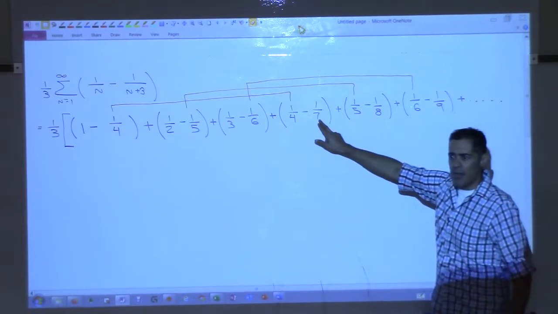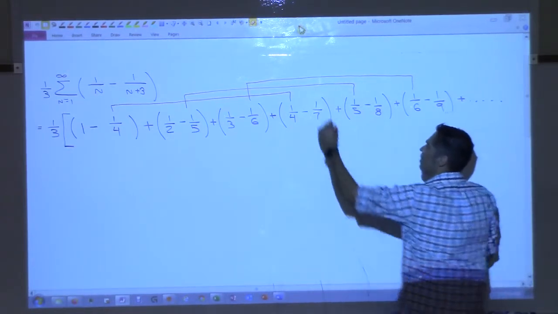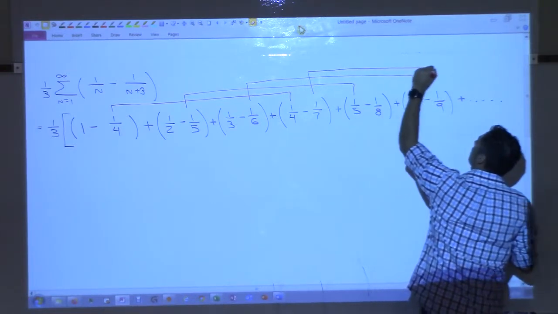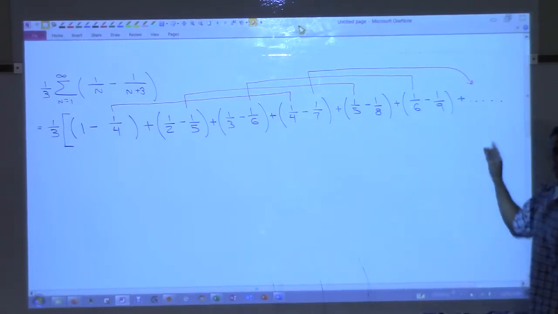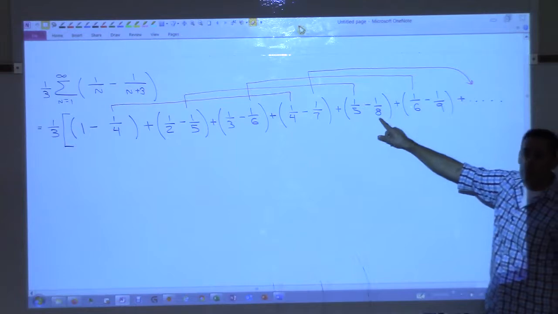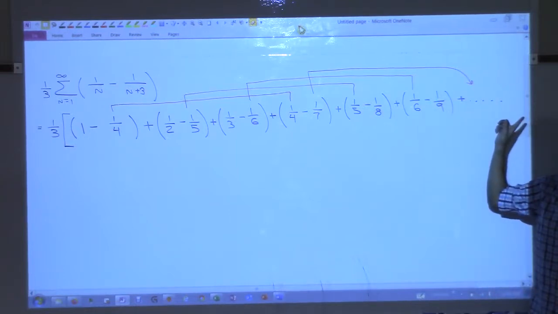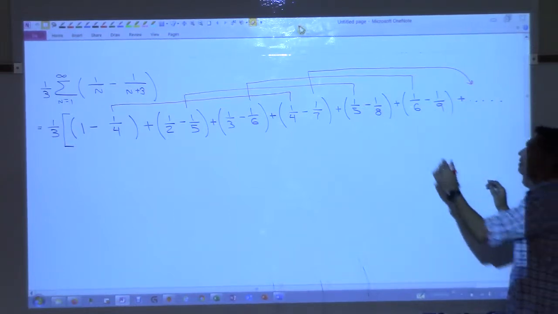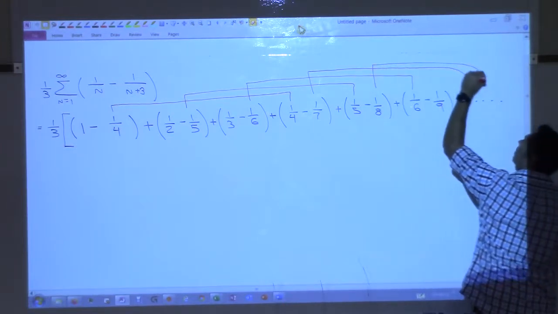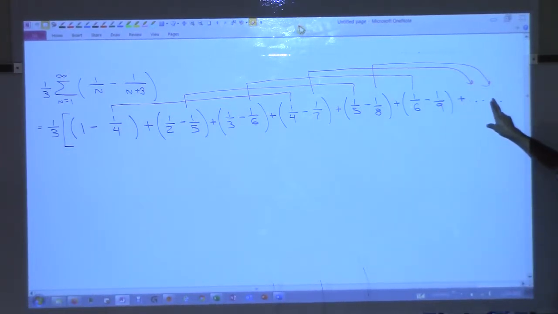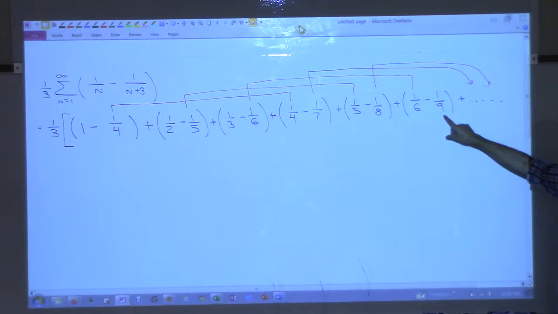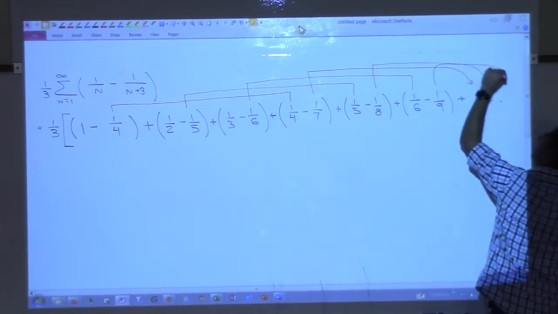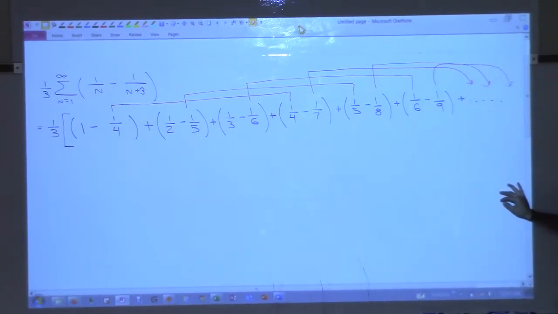Negative 1/7 would get killed off by the next one in the dot dot dot. And the negative 1/8 should also get killed off, shouldn't it? Do you all see that? It should get killed off by something sitting in the dot dot dot. How about the negative 1/9? Yep, it should get killed off by something over there.